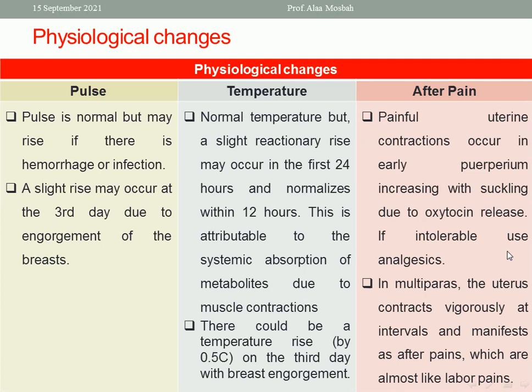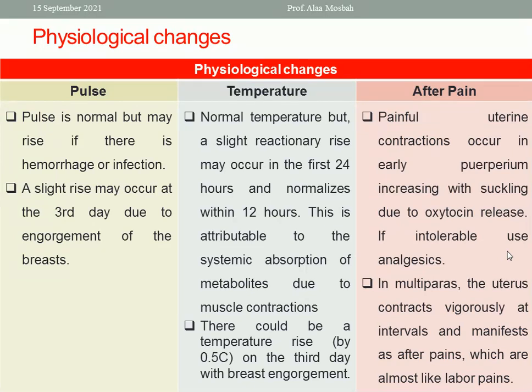As regards the pulse, temperature, and after pains, the pulse is normal, but may rise if there is hemorrhage or infection. Both of them increase the pulse rate. Slight rise may occur at the 3rd day due to engorgement of the breasts. What about temperature?